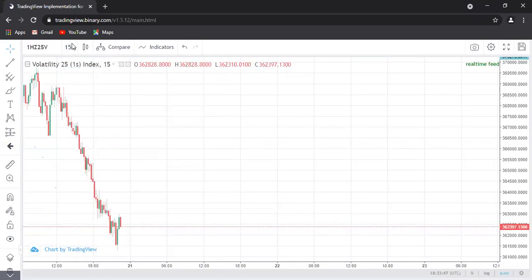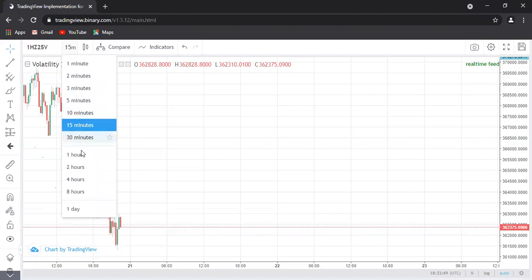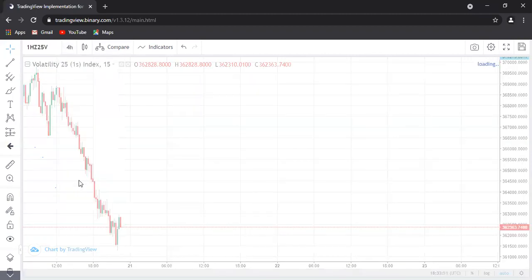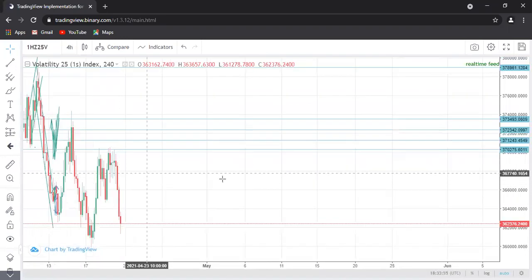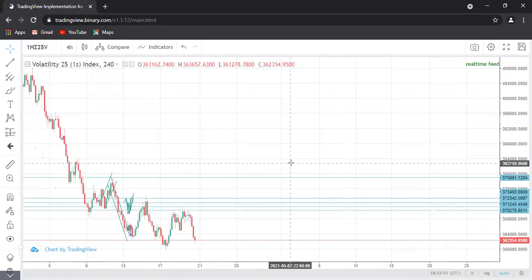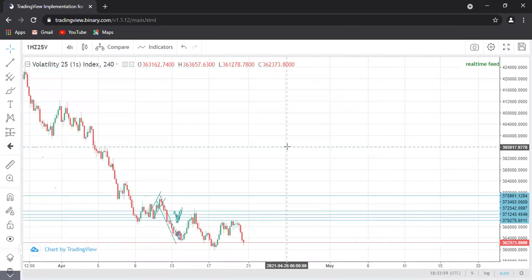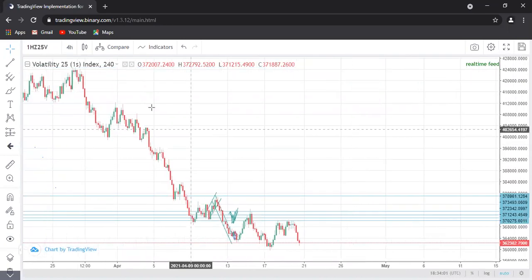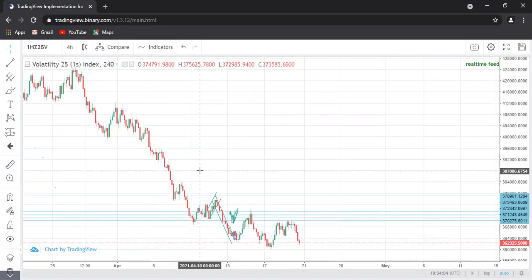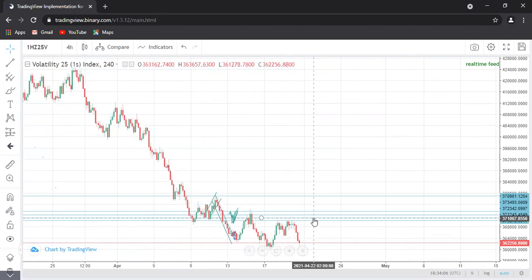Okay, now let's just go. I don't know why this Zoom is no longer like this. How can I remove all this stuff?